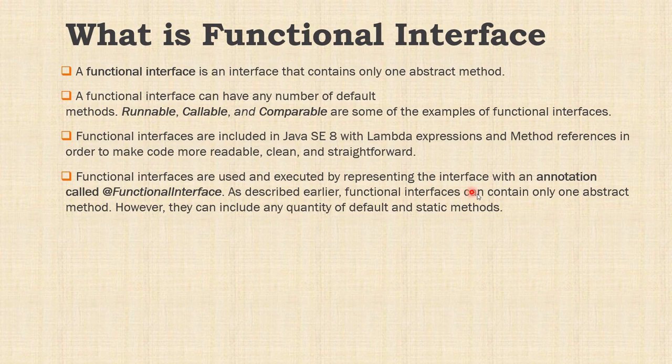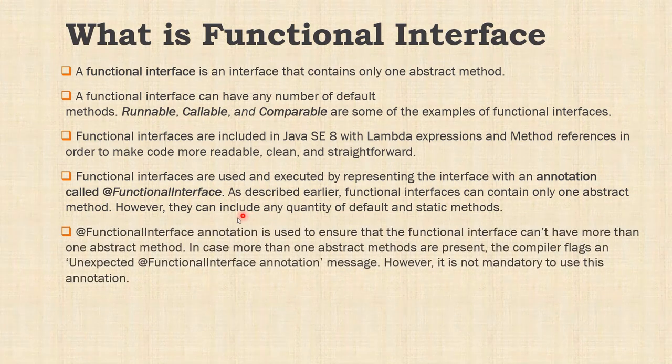It's optional to use @FunctionalInterface, but if you use it on top of your interface, then it will restrict you to only one abstract method inside the functional interface. So it will be better to use @FunctionalInterface on top of the interface, and we can use multiple default and static methods inside the functional interface as we discussed earlier. The @FunctionalInterface annotation is used to ensure that a functional interface can't have more than one abstract method.